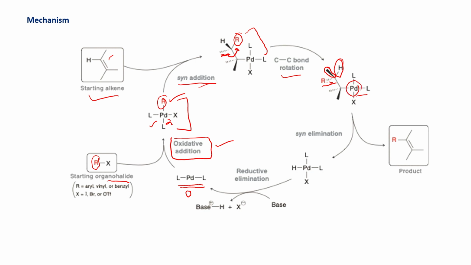You will get your palladium product having H and X and your Heck coupling product. So this part will give you this product having double bond, and hydrogen will come out with palladium.